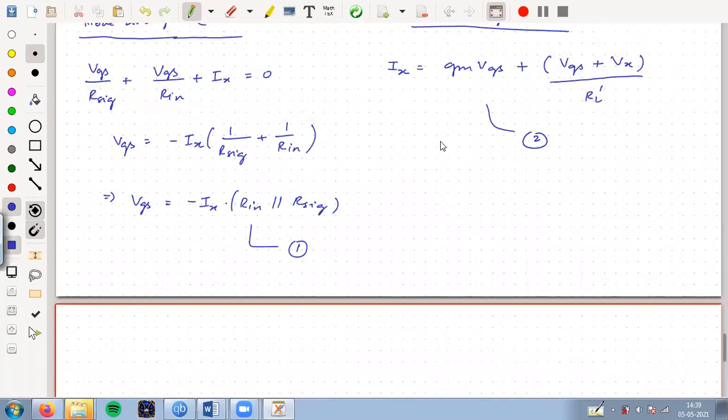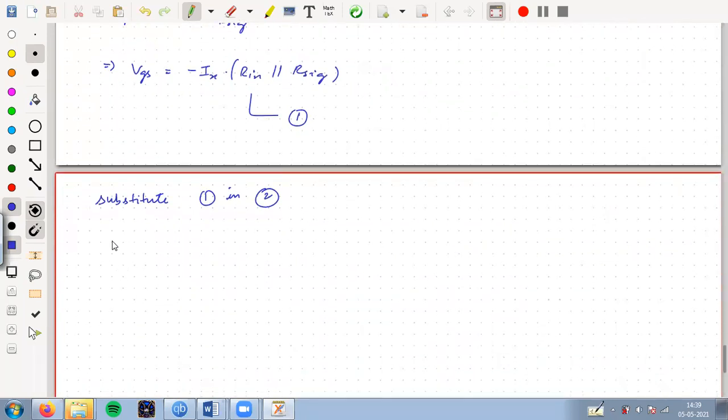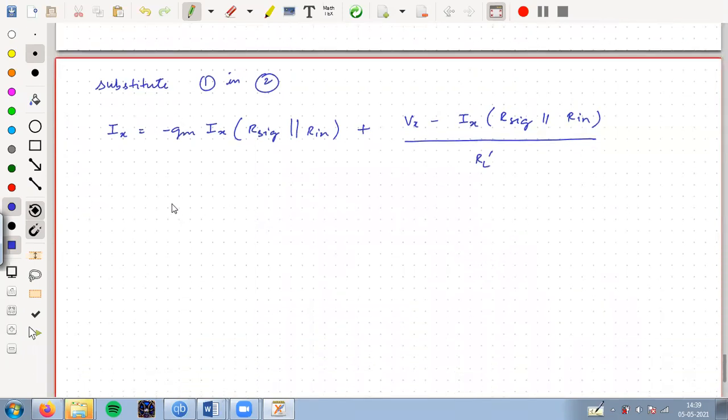Now substitute 1 in 2. So you'll get Ix as minus Gm Ix into R signal parallel Rn plus Vx minus Ix into R signal parallel Rn, divided by RL prime. Do some maths, take Ix to one side.